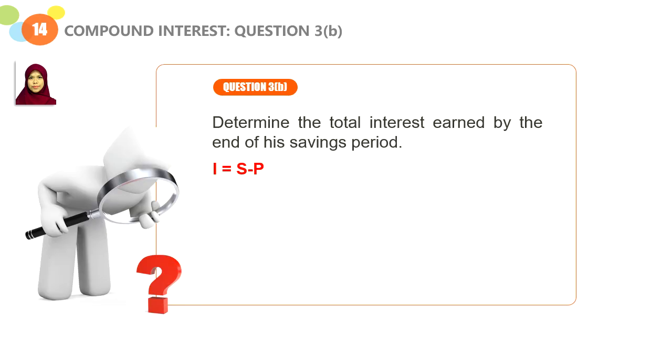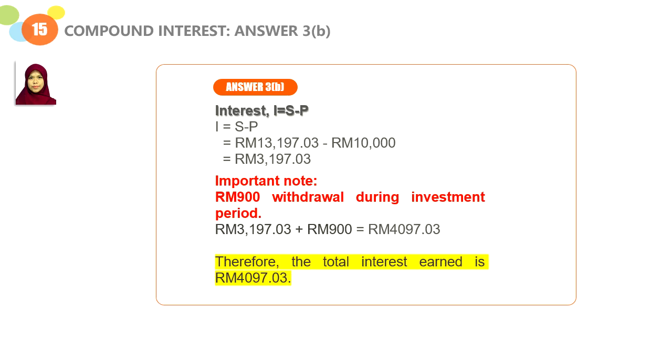Compound interest question 3B. Determine the total interest earned by the end of his savings period. I equal to S minus P. Compound interest, answer 3B.